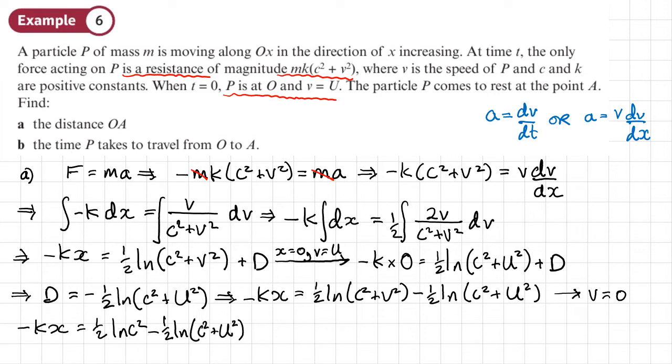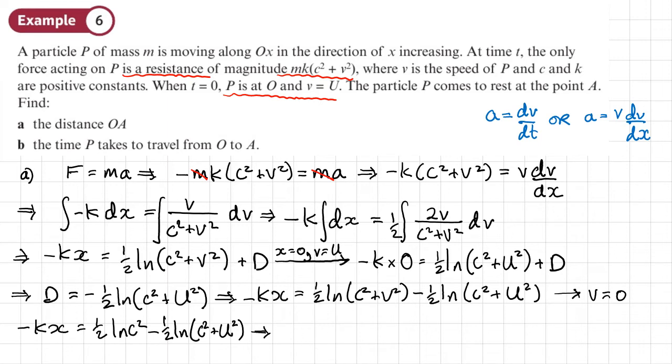I basically want to make x the subject, so I'm going to divide both sides by negative k. Now if I do that, I can then take out a factor of a half, and also the k that I'm dividing by.